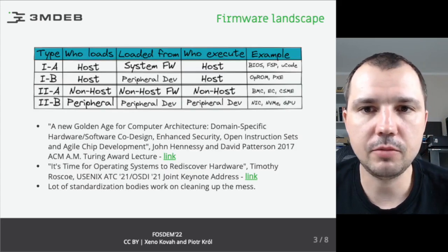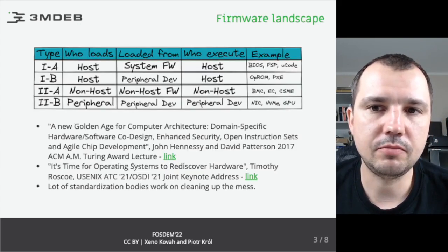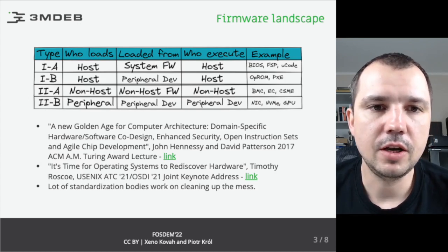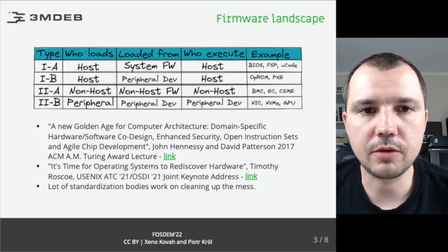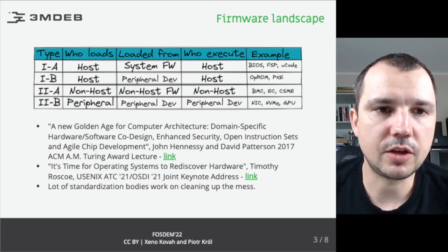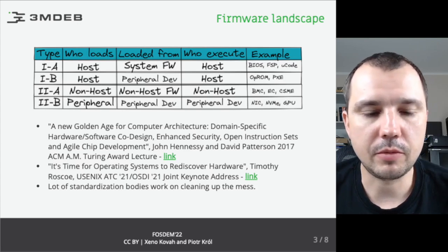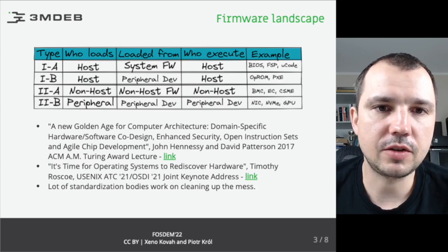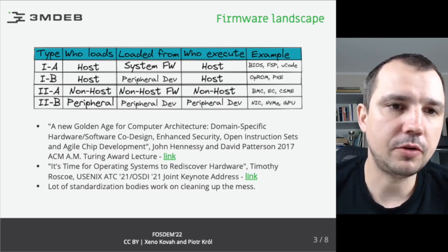Today the firmware landscape is very complicated, and we even see some categorization of firmware. For example, this table is rewritten from a UEFI presentation about supply chain and firmware integrity measurement, and you can see in this table how many types of firmware we have.